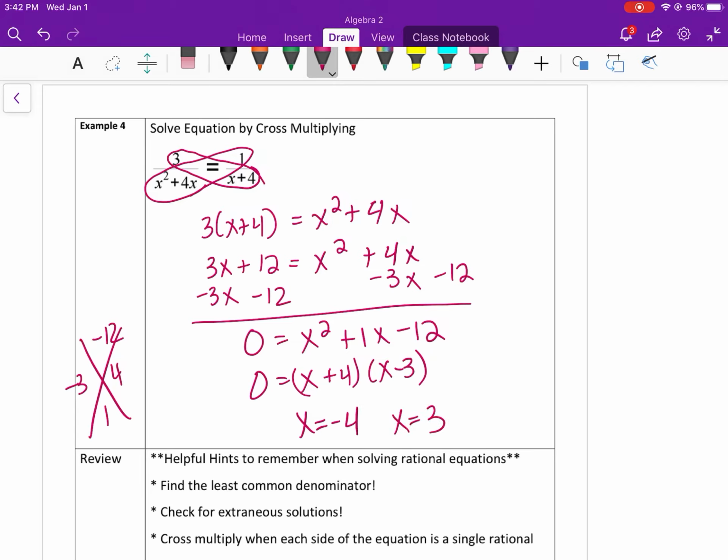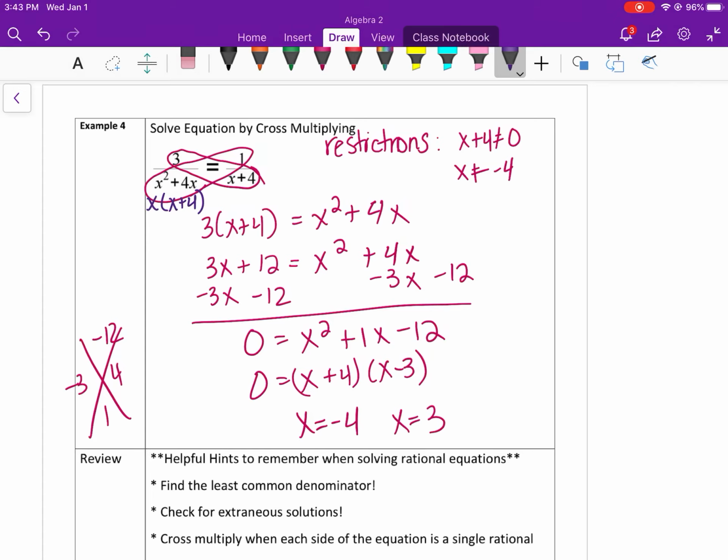Now, I forgot to state my restrictions, so I'm going to go back up here and check that. And I have an x plus 4 can't equal 0, so you can't have negative 4. I guess I didn't have to box that. But so x negative 4 is a restriction. And this one, if I take out an x, I get x plus 4.